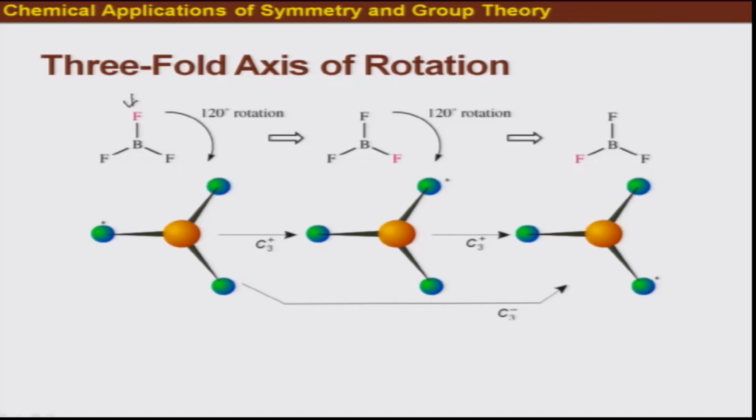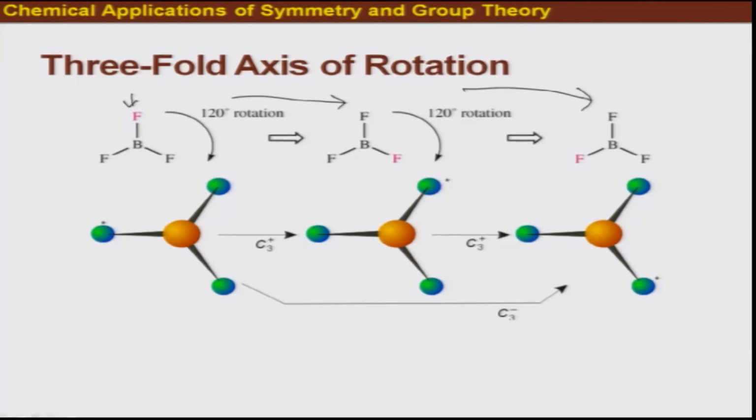By a 120 degree rotation you get an indistinguishable structure, though you can still distinguish because you have colored one of them separately, but the chemistry is not going to change because BF3 is still BF3. You can give more rotation and change the positions of the fluorine atoms, but they remain indistinguishable, though because of the color you can distinguish them here, at least on pen and paper.